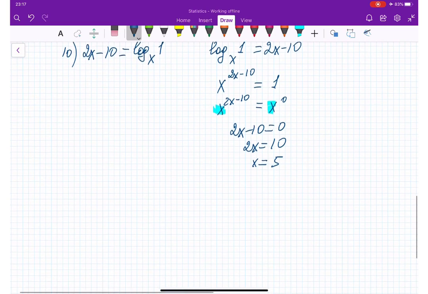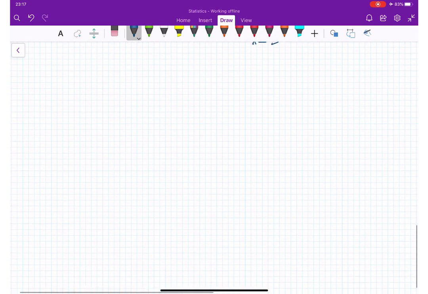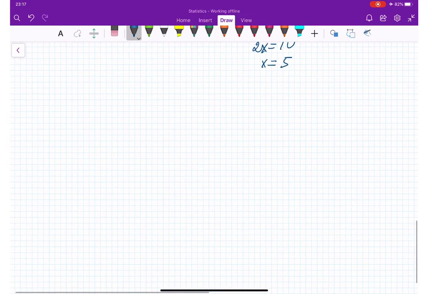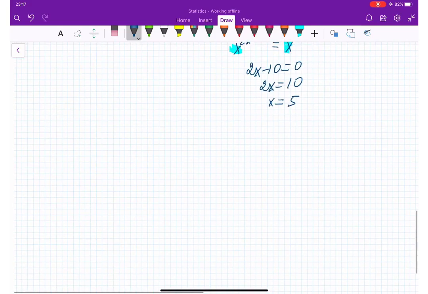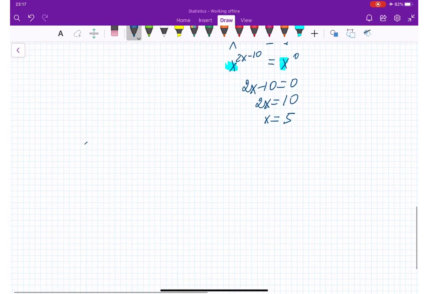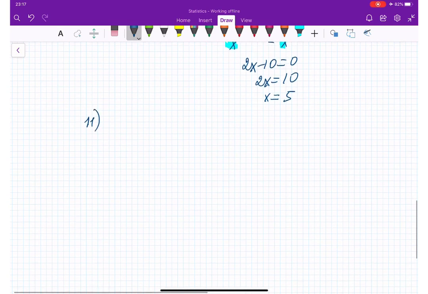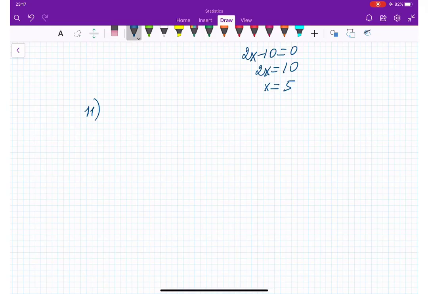Problem number 11. Now we are going to graph logarithmic functions. So question number 11. We need to draw the graph f of x is equal to logarithm x by base 3 plus 5.